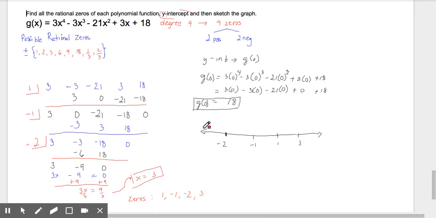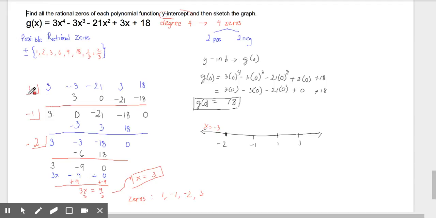So we're gonna try here -3. Okay, so what is the sign of g of x when x is -3? How do we find that? Well, we just need to do the same thing that we do here, because this is how we can find the value of the function when x is this number.